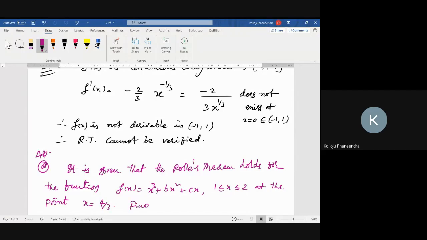Find the values of b and c. This is one more problem.